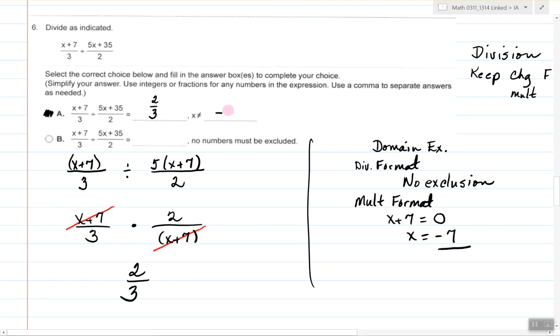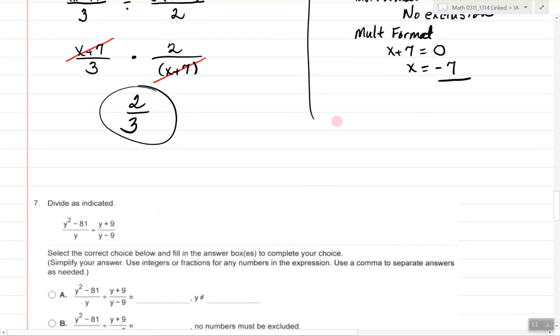X cannot be negative 7. So always check any denominator any time for a domain exclusion. There were none when it was in division format, but when it changed to multiplication format, I got one domain exclusion. All right, let's look at number 7.